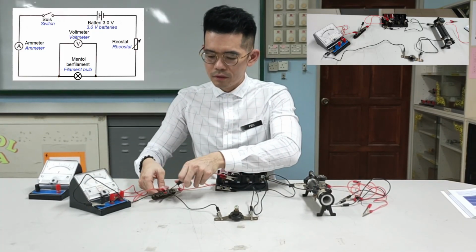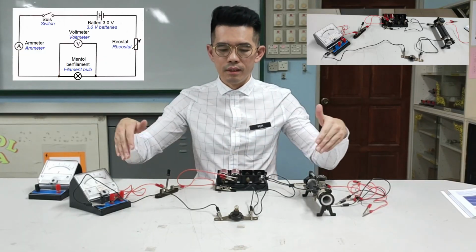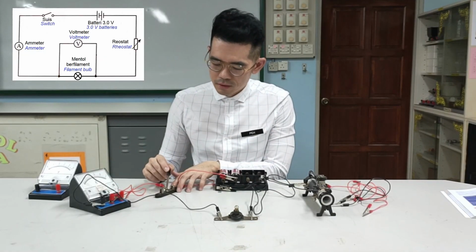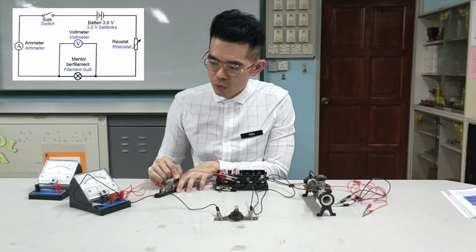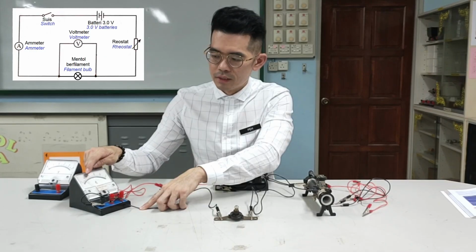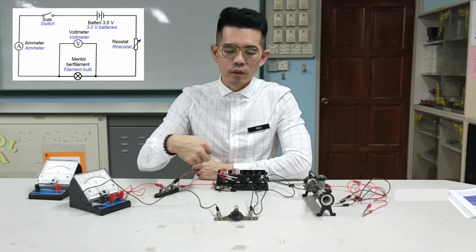Okay, so your series circuit is already successfully connected. You may test the circuit by closing the switch. You can see the pointer of the ammeter is deflected, showing that the connection is successful.